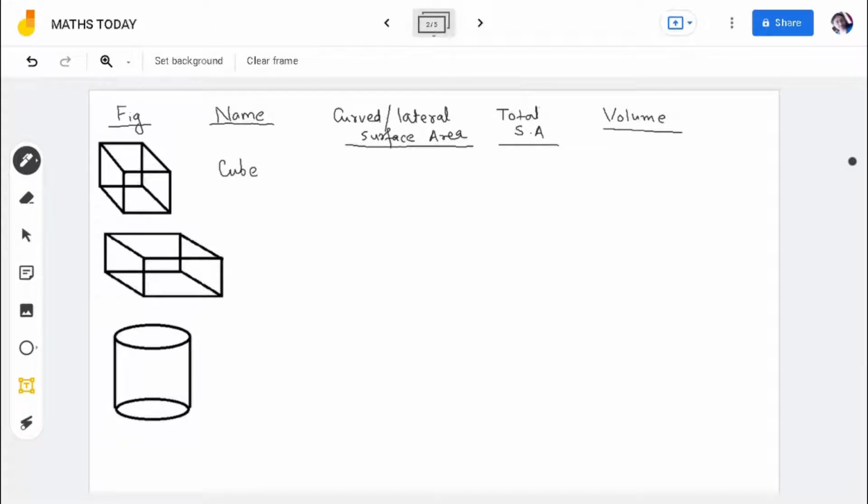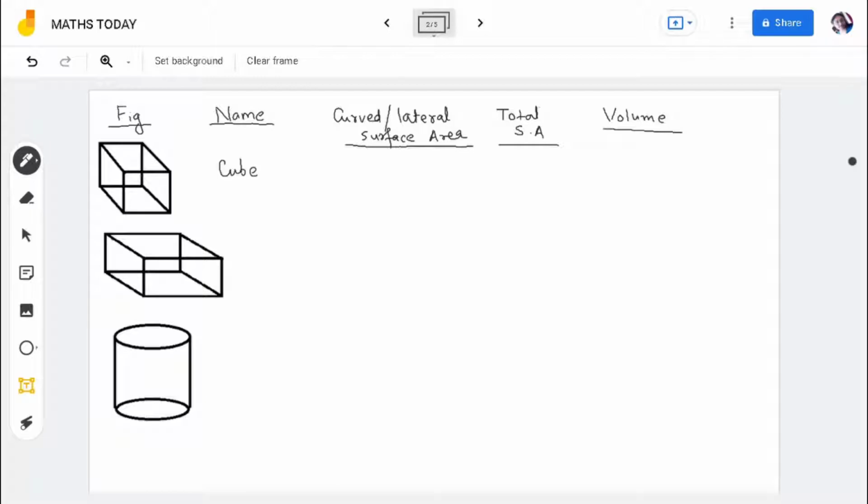In a cube or in a cuboid, there are a total of 6 faces, right? The 4 faces are side by side, the top and the bottom. So a total of 6 faces are there, and all the faces are in the shape of a square.